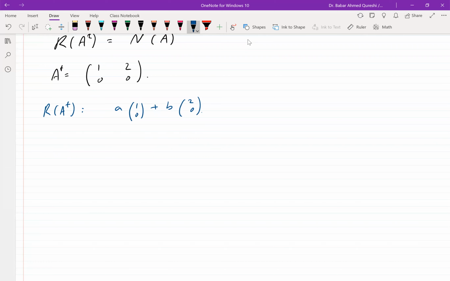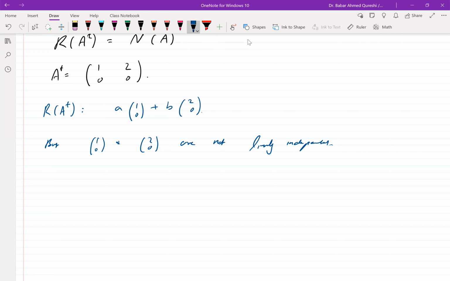But I know that 1 0 and 2 0 are not linearly independent. So I can write one in terms of the other and remove that. The remaining one will still generate the subspace.